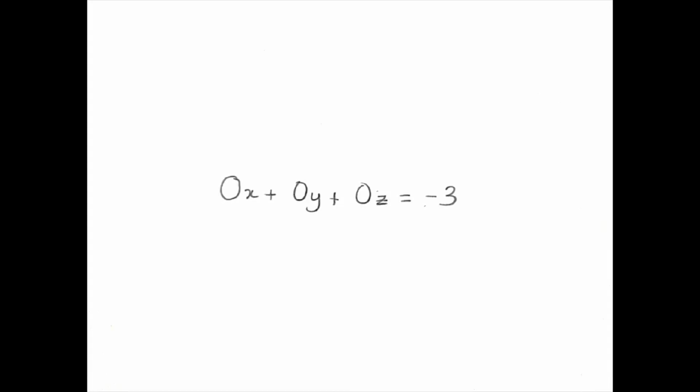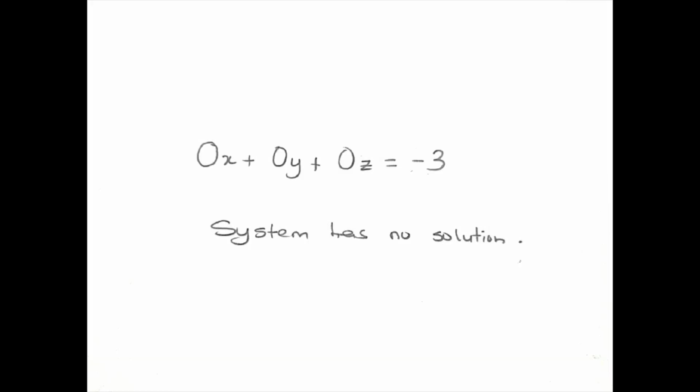It is an equation: 0x plus 0y plus 0z equals -3, which is completely nonsense, because any number multiplied by 0 will equal 0. So how does it equal -3? So at this point, we can conclude that this system of linear equations has no solutions.